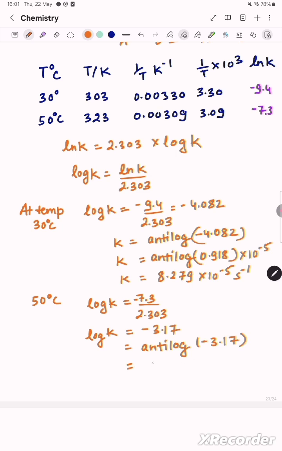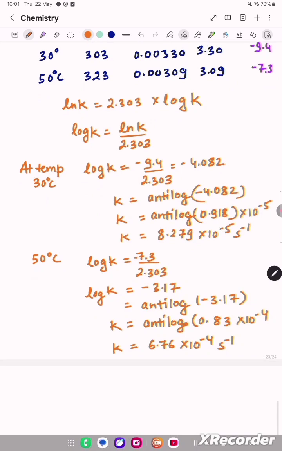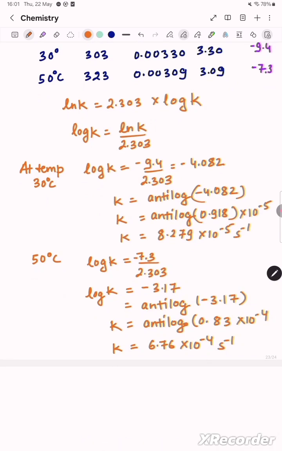After calculating this, we take the antilog, 0.83 multiplied by 10 to the power minus 4. So the k value is equal to 6.76 multiplied by 10 to the power minus 4 per second. So this is the k value at 50 degrees Celsius.